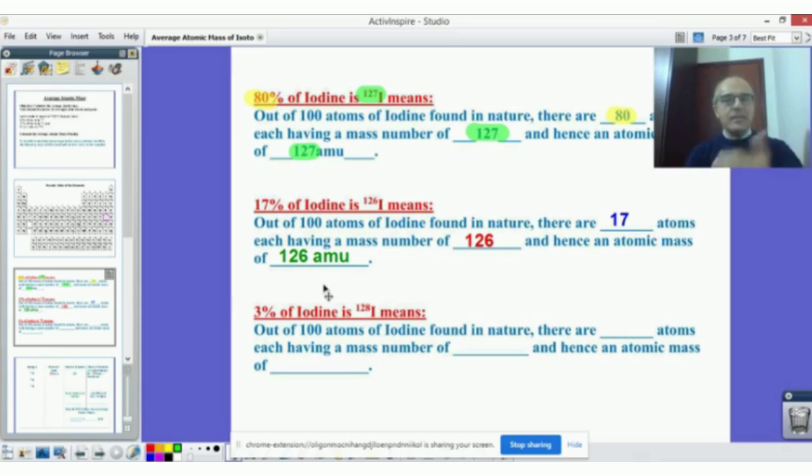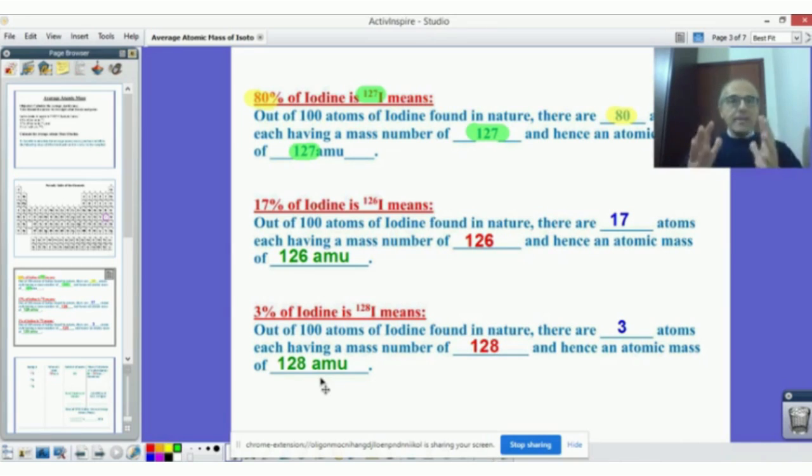What do we mean by 17% and what do we mean by 3%? So 3% of iodine, I-128, means that out of 100 atoms of iodine found in nature, there are 3 atoms, each having a mass number of 128 and hence an atomic mass of 128 AMU.